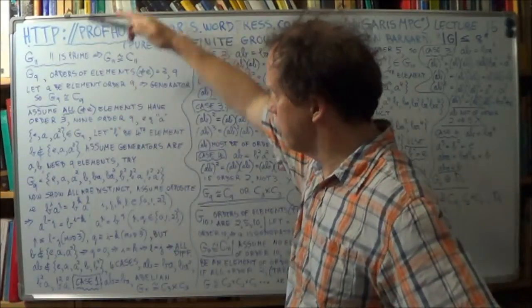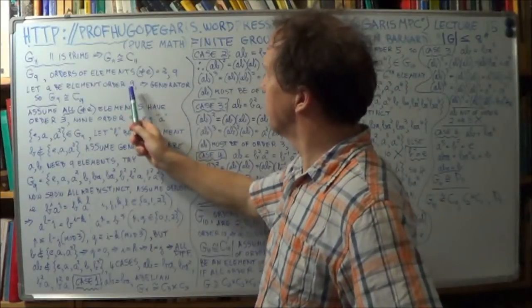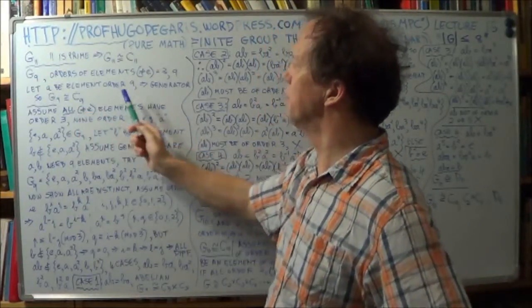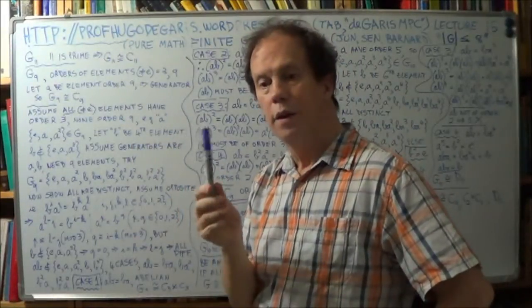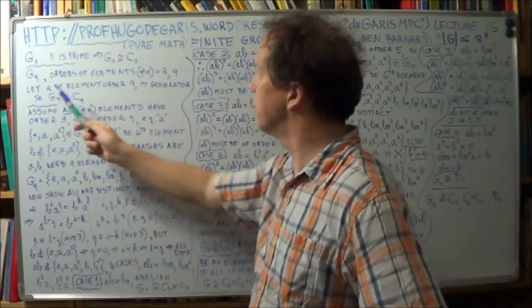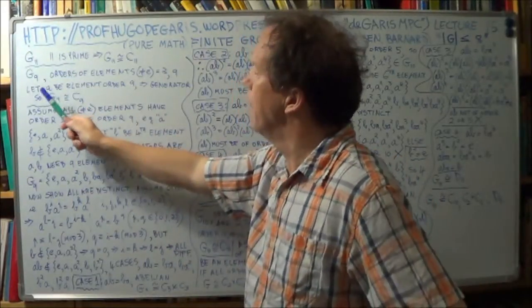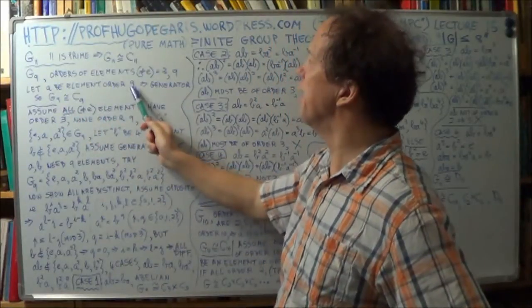Okay, well let's go top down, from the highest to the lowest. So let's start with the highest. Imagine one of those elements, at least one. There may be more. It's quite possible in a group to have several generators. Let's say there's one. So let A be an element that has order 9.